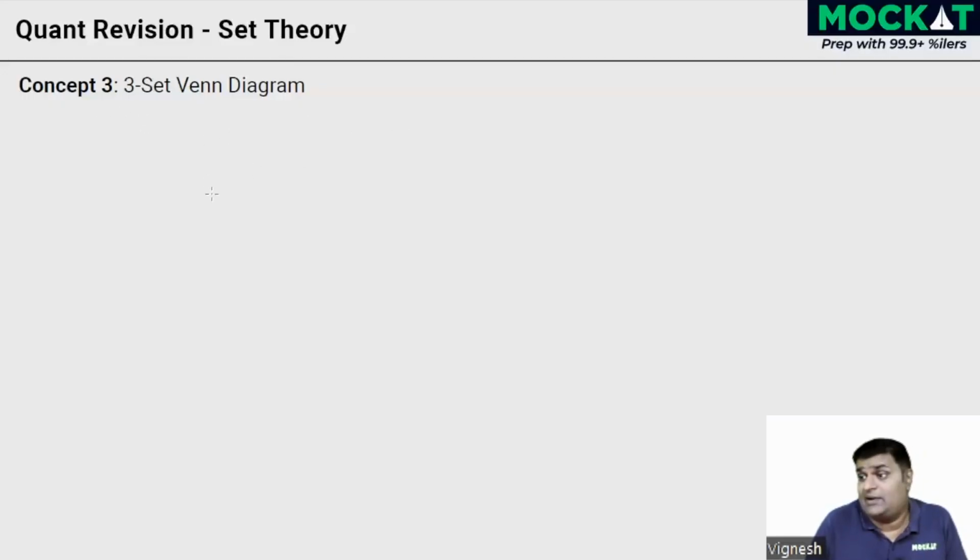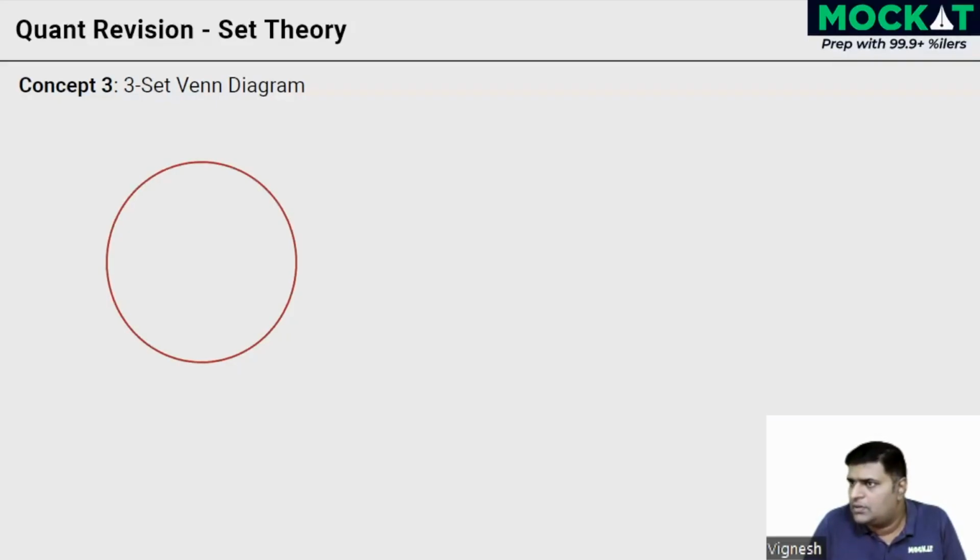Now, a 3-set Venn diagram, how is that going to look? All right, so let me just draw something clearly. So we have a set here. Next up, I would want to move this, right?